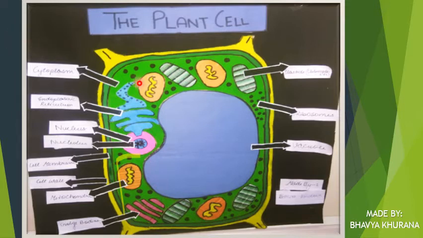The next component of the cell is the cytoplasm. The cytoplasm is a jelly-like substance which is spread throughout the cell, and it covers the space between the cell membrane and the nuclear membrane. The nuclear membrane is present between the cytoplasm and the nucleus, and all the area between the nuclear membrane and the cell membrane is covered by cytoplasm.